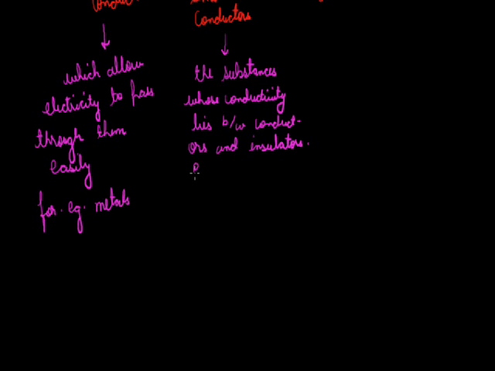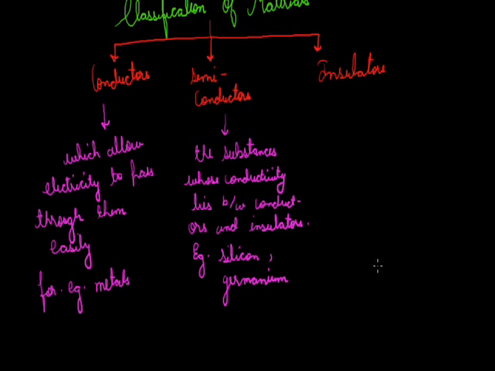In this we take examples such as silicon, germanium, etc. Being semiconductors, these materials are also used in ICs.